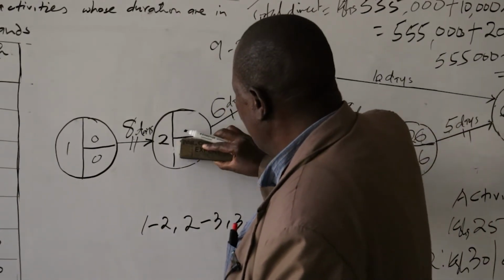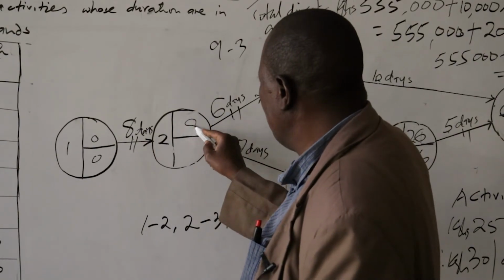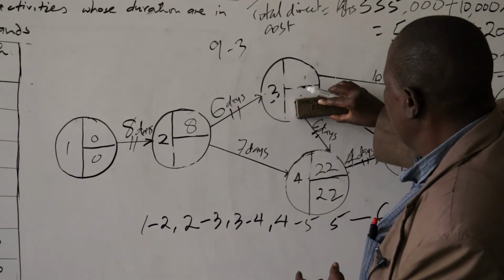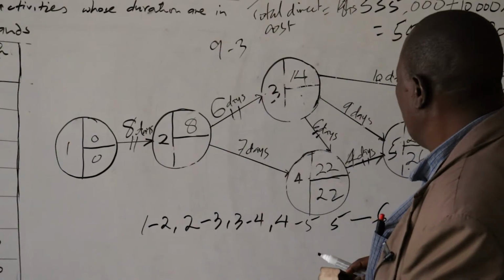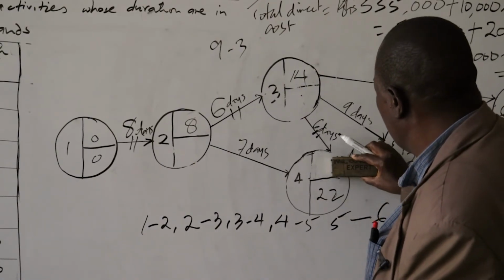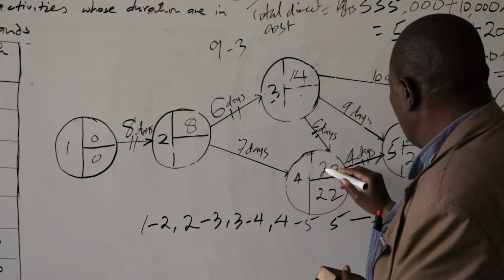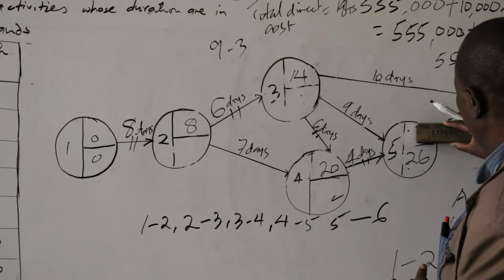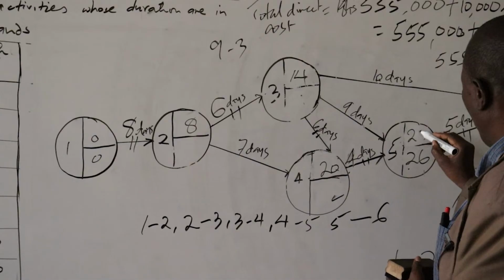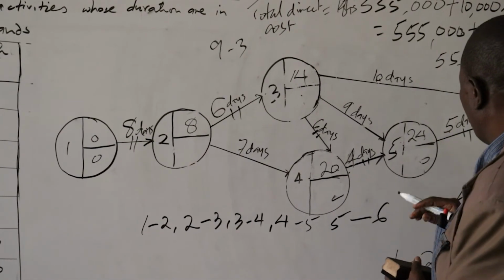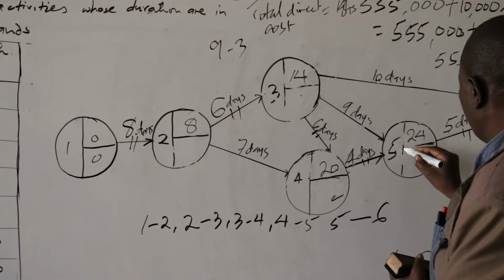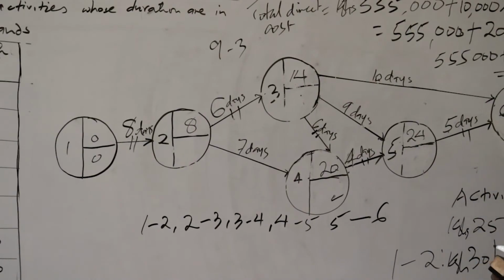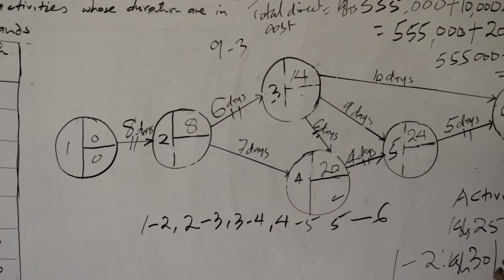Now when it is 8, we draw another network. 0 plus 8 is 8. 8 plus 6 is 14. 14 plus 6 is 20. 20 plus 4 is 24. 24 plus 5 is 29.